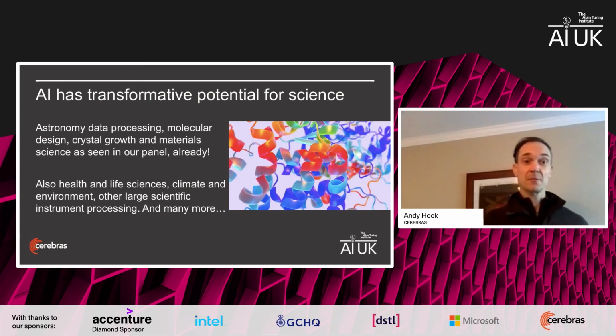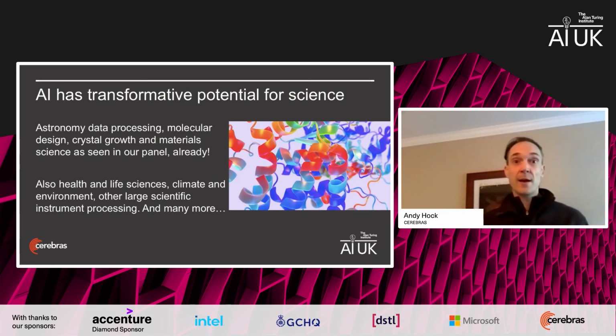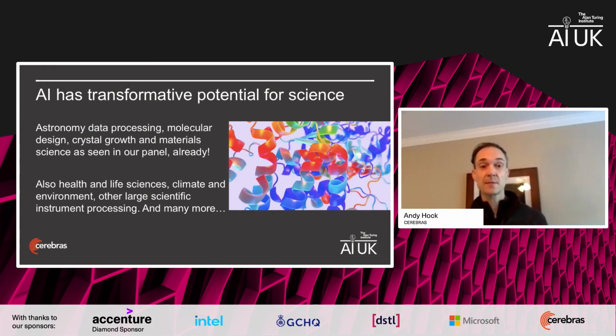And also, of course, health and life sciences, from the landmark work done by DeepMind this year on AlphaFold, predicting protein structure from sequence data, and the vast and growing body of literature around AI to help identify potential therapeutics for COVID-19, as well as applications in climate and environmental science, and other large scientific instrument processing. There are many applications that could benefit from AI to accelerate innovation.